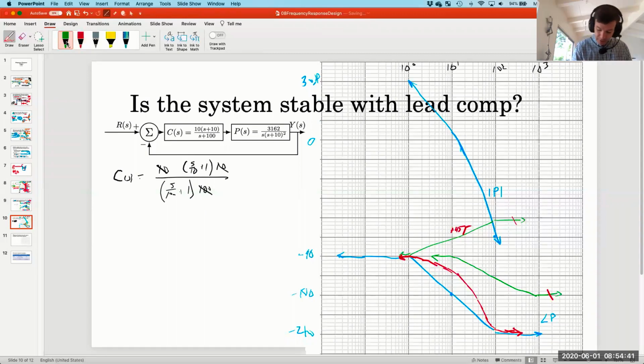I pay for that up here with a zero that takes off at 10 radians per second and goes up 20 dBs per decade, and a pole that does the opposite. So this means that in low frequencies, I'm following the same blue curve, and I get a little bit of cancellation here between the upslope of green and the downslope of blue. So maybe not, that's kind of exaggerating.